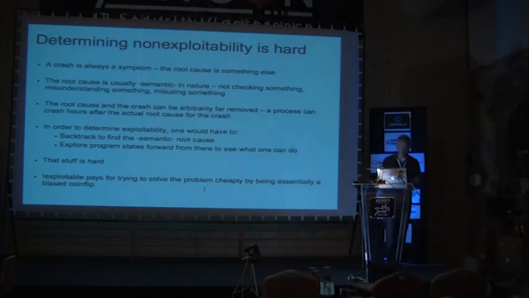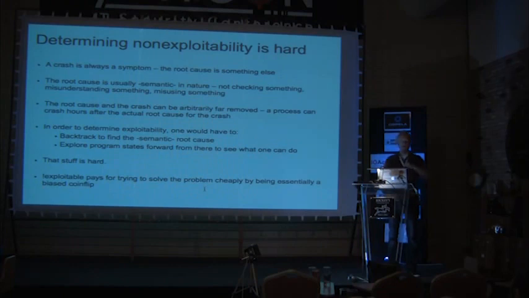So I find it really amusing when people use things like !exploitable for this, because !exploitable is essentially a biased coin flip. You can't actually determine from !exploitable output whether something is not exploitable. If !exploitable says it's exploitable, it probably is. But if it says it's not exploitable, it might still be exploitable.